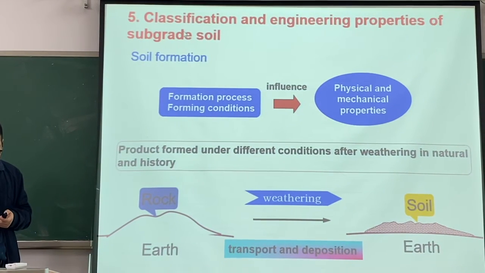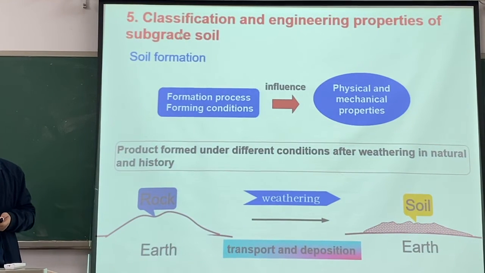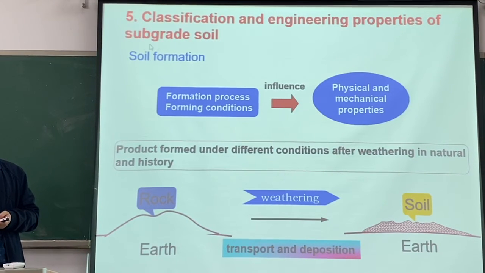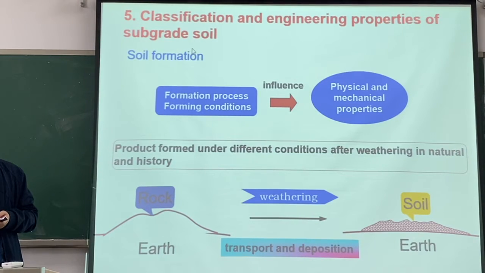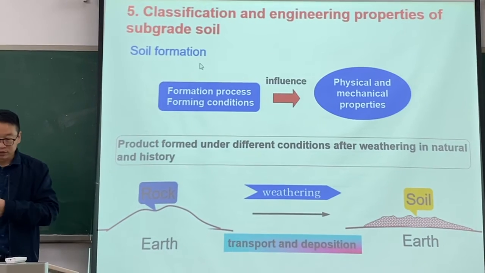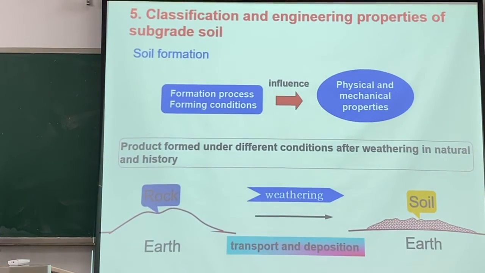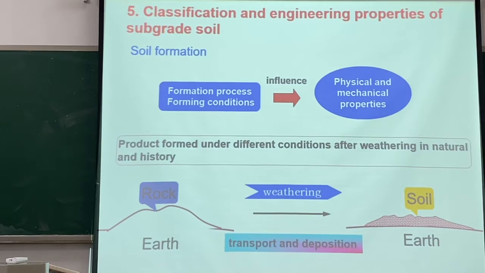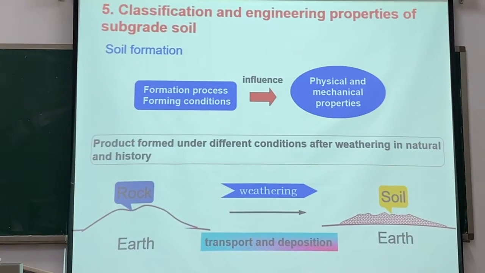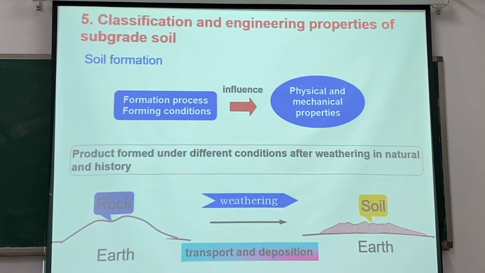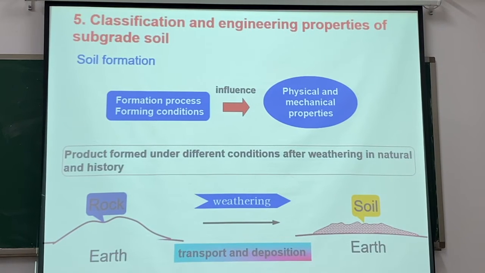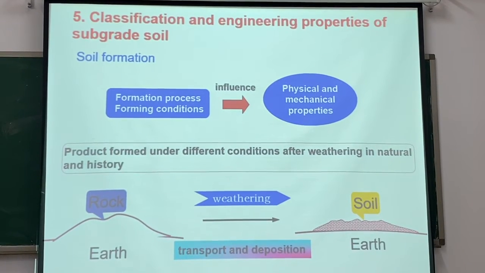Next, we talk about the classification and engineering properties of subgrade soil. Soil formation is about the formation process and forming conditions. When we see soil, where does it come from? Rock. Why is rock changed to soil?